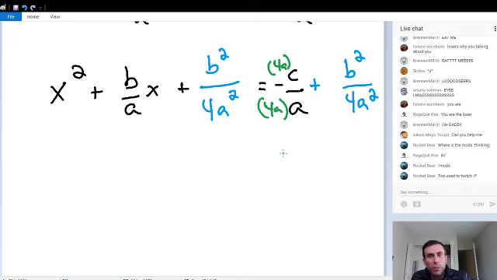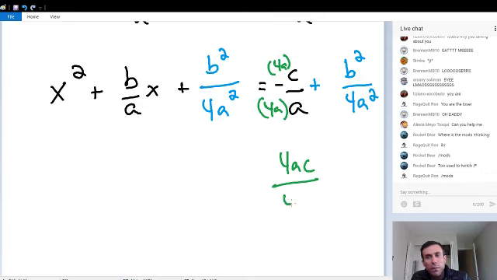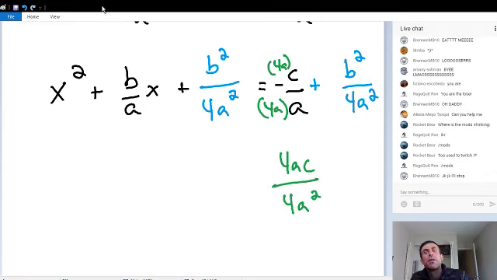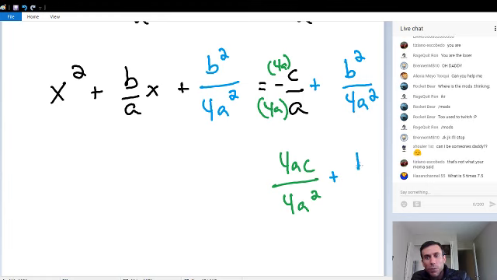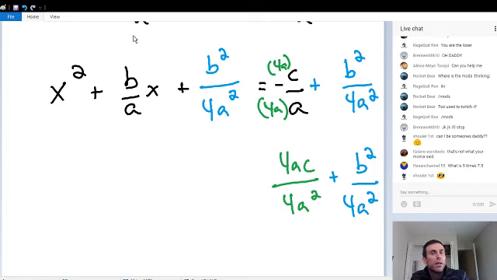So this is going to equal 4ac over 4a squared. On the right hand side, we still have our b squared over 4a squared. And the left hand side stays exactly the same: x squared plus b over ax plus b squared over 4a squared.